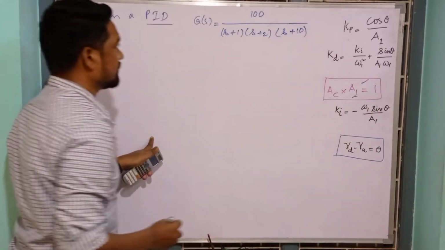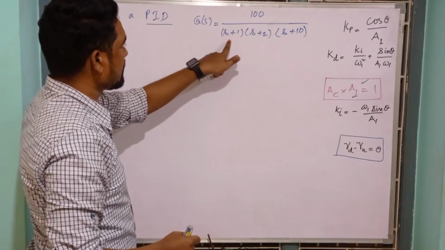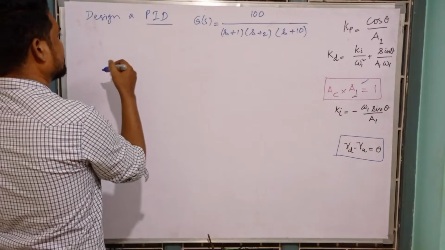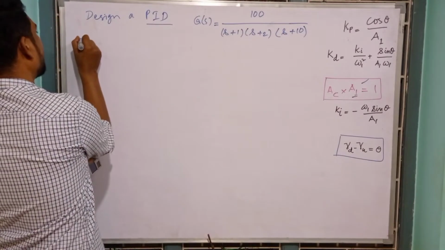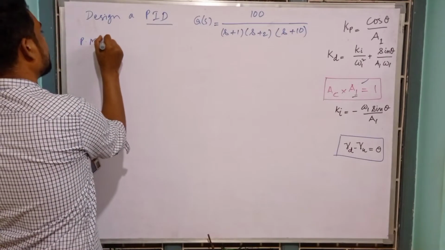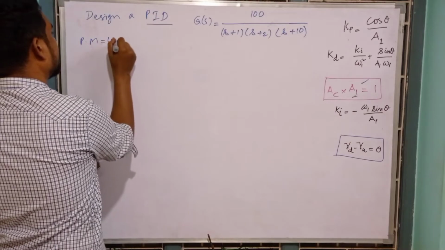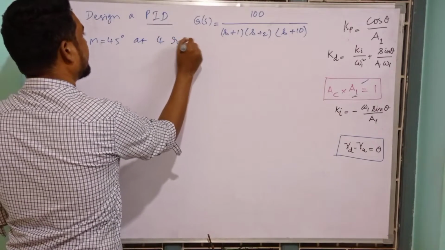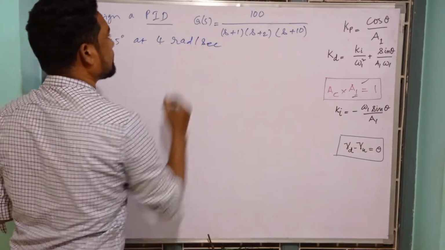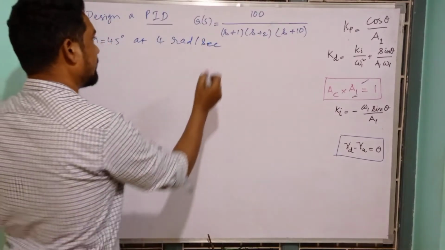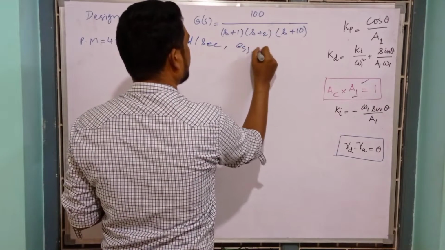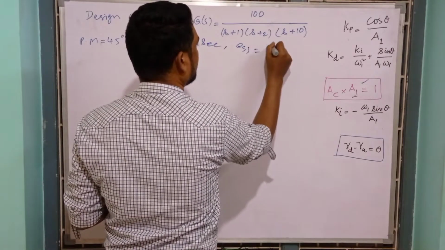Okay, so this is the given open loop transfer function, and the desired phase margin is 45 degrees at 4 radians per second, right? And also a requirement is the steady state error should be equal to 0.1.